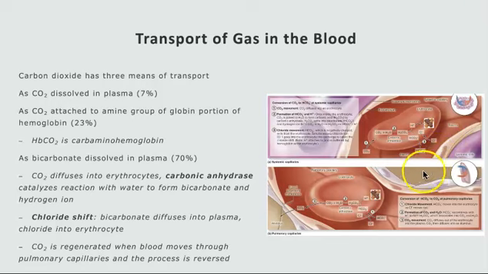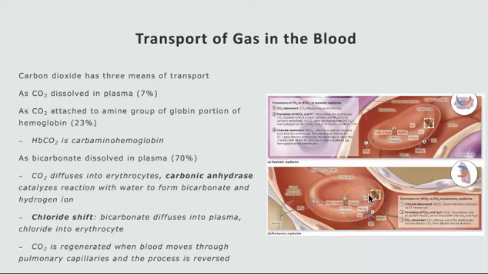And then when we move to the area of our lungs where we want to move the carbon dioxide out of our blood and into the alveoli, we are going to go through this shift again, this time pulling the chloride out into the plasma and pulling the bicarbonate ion in.